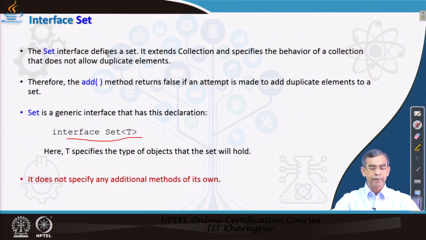The interface set has the add method, which is the same as the add method in collection, because set is an extension or child of the collection. And there are no additional methods of its own in the interface set other than those inherited from the collection.